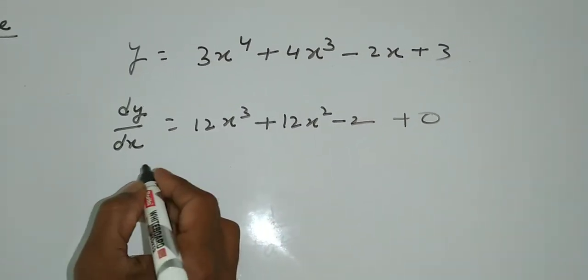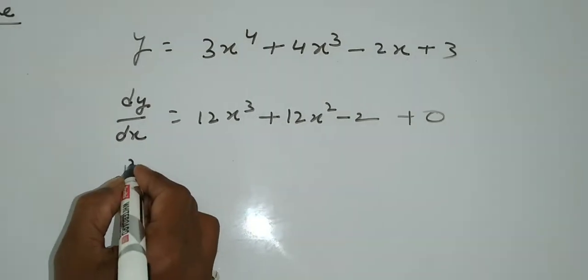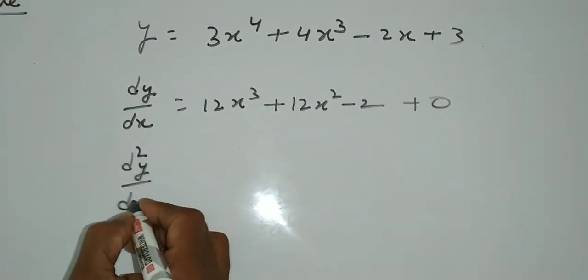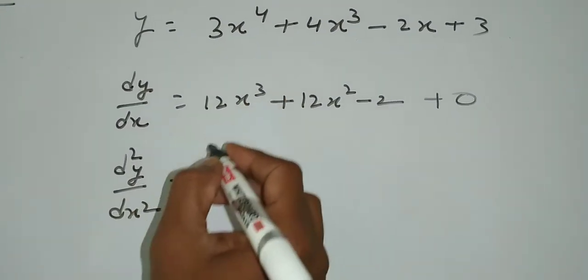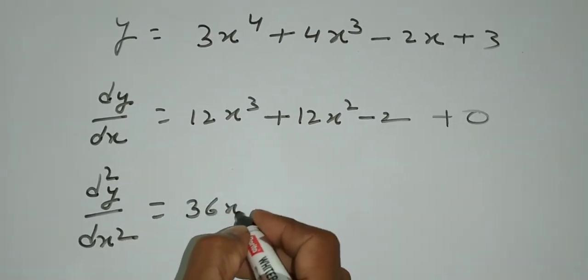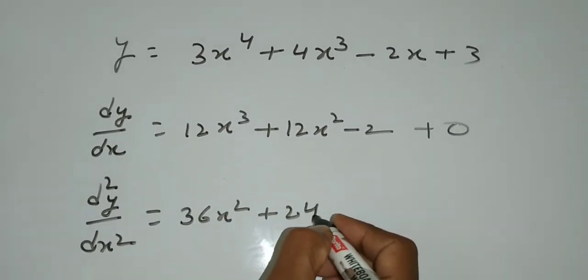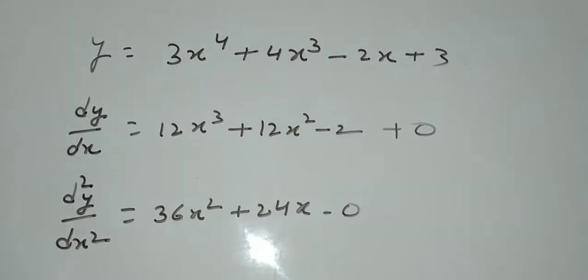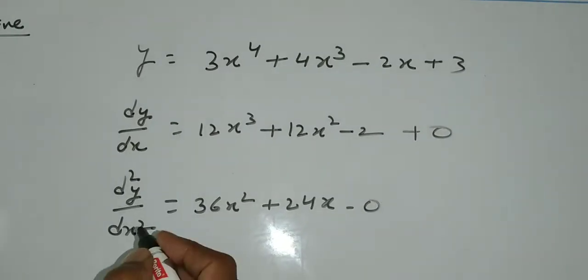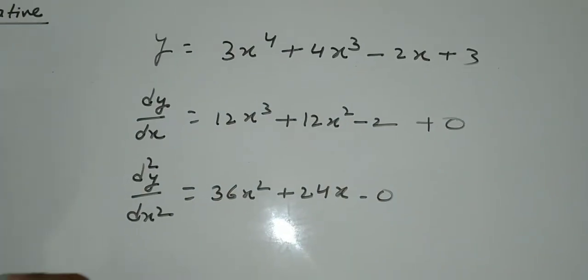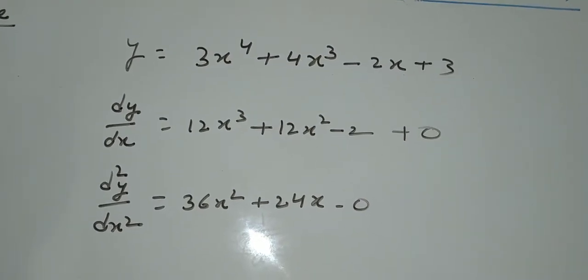For the second order, again we will differentiate: d2y by dx square equals 36x square plus 24x minus 0.